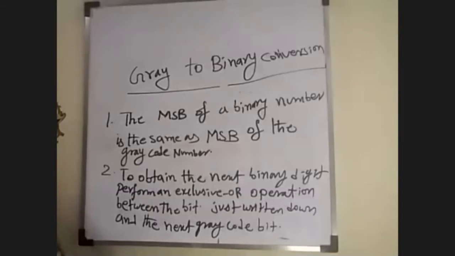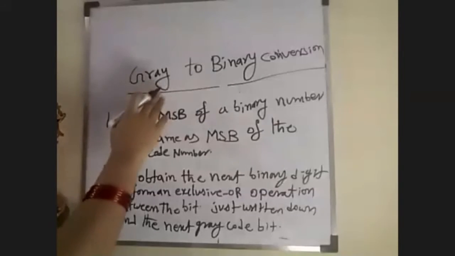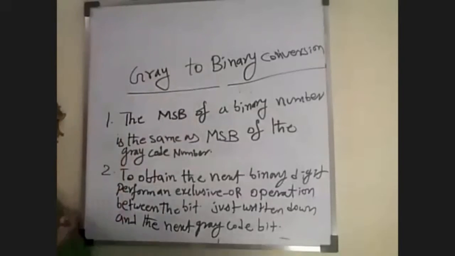So these are the 3 steps to convert gray code to binary.